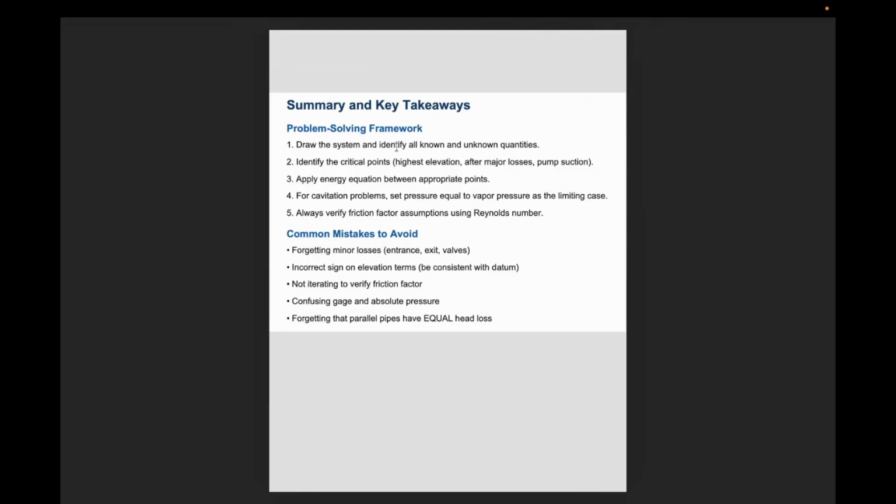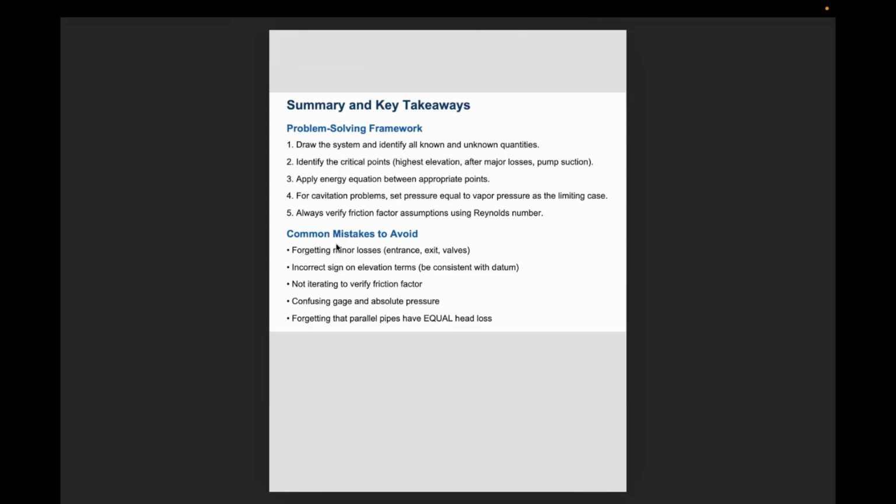We need to draw the system and identify all known and unknown quantities, and we also need to identify the critical points like highest elevation, after major losses, or pump suction, and we need to apply the energy equation between appropriate points, and somewhere we need to assume the friction factor as well and verify that with the computed one. And for cavitation problems, we need to set pressure equal to vapor pressure as the limiting case.